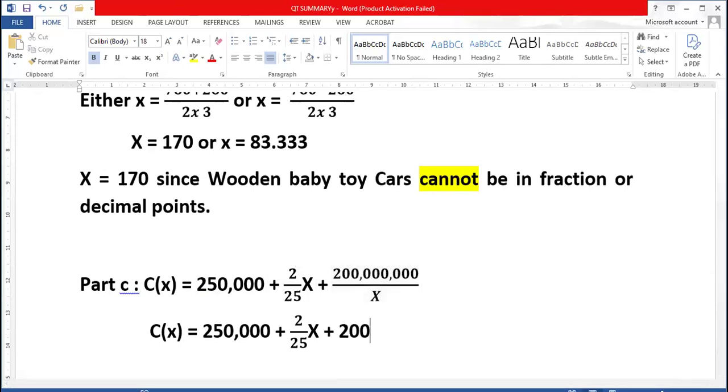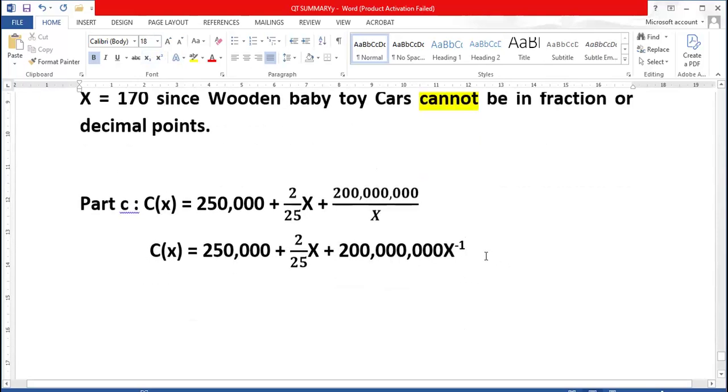So it will be 200 million x power negative 1 if I want to remove this denominator. The moment you rearrange, it will be easier for you to differentiate at minimum point, because we want the value of x that minimizes cost.